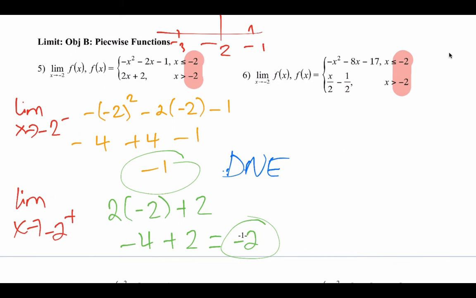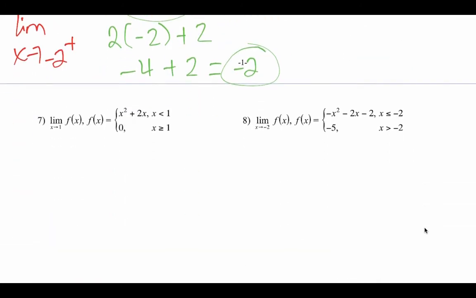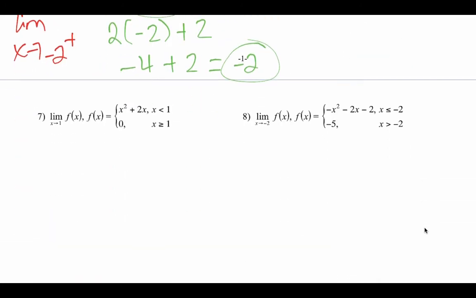Okay, let's do another one over here. Same thing. Okay, how do I know which values to plug in? Well, this one right here will tell you. The one that says x less than, x greater than, something like that.